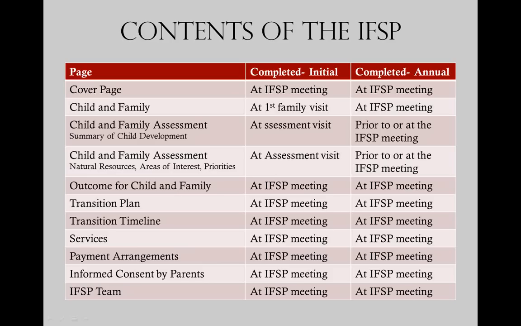The initial IFSP is reviewed at least every 6 months, and updates are written directly on the initial IFSP through the transition timeline page. Likewise, the annual IFSP is reviewed at least every 6 months, and updates are written directly on the annual IFSP through the transition timeline page.